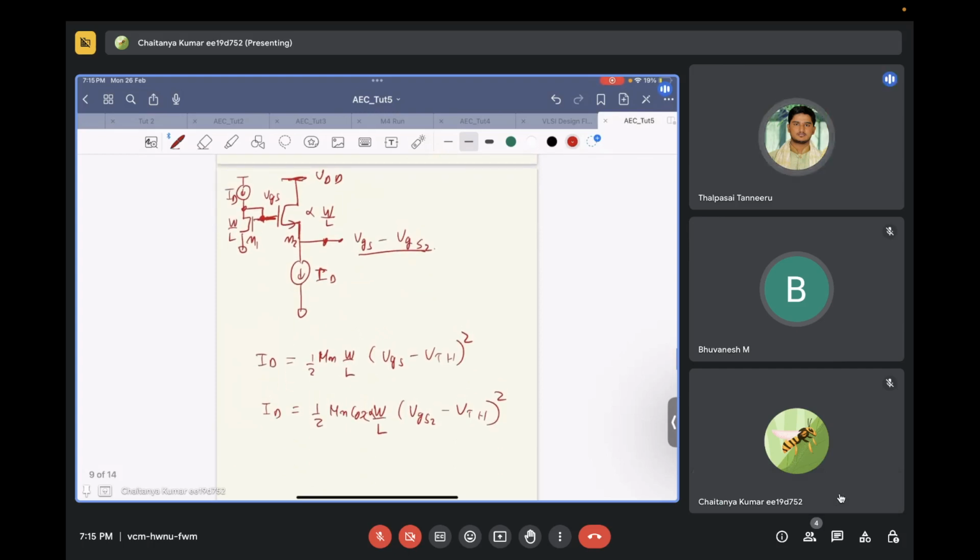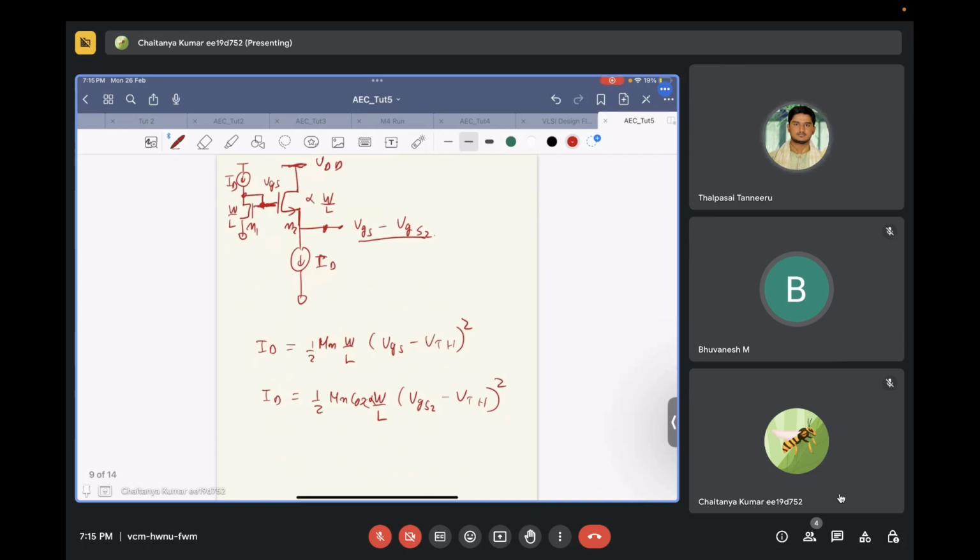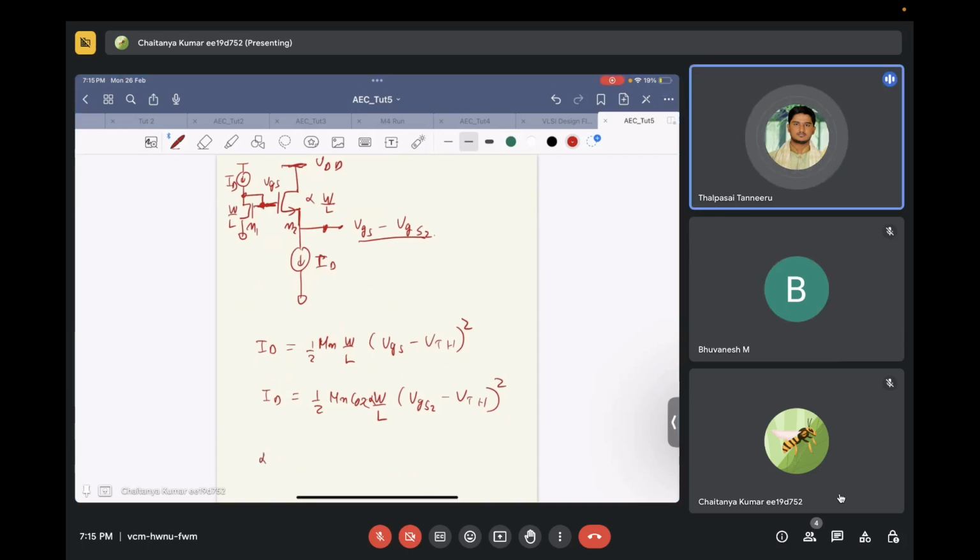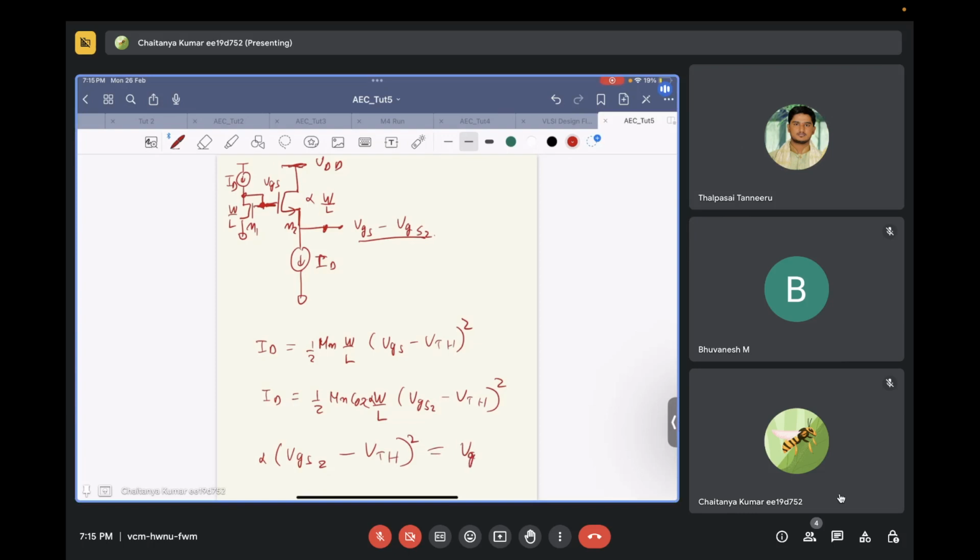If you divide these two equations, what you get is alpha times (VGS2 minus VTH) whole squared is equal to (VGS minus VTH) whole squared.